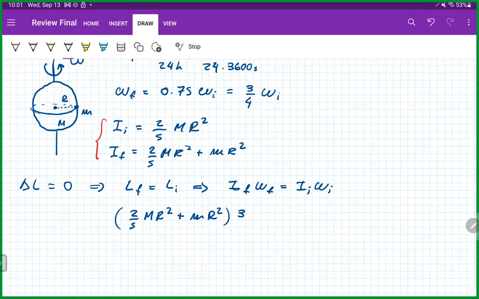Sorry, 3/4 omega I equal to 2/5 r squared omega I. Right, just notice that we already replaced this expression for omega final.